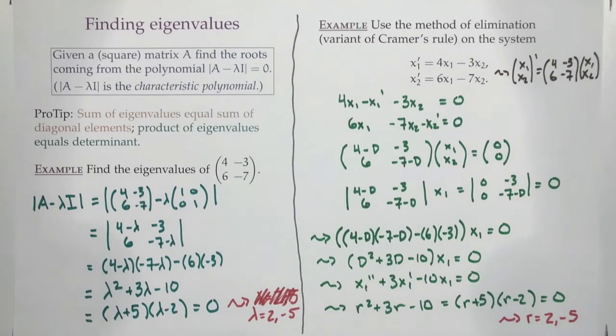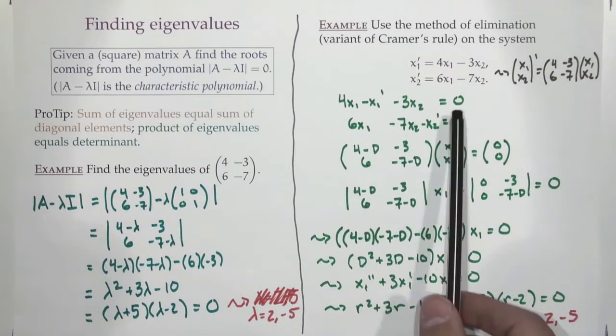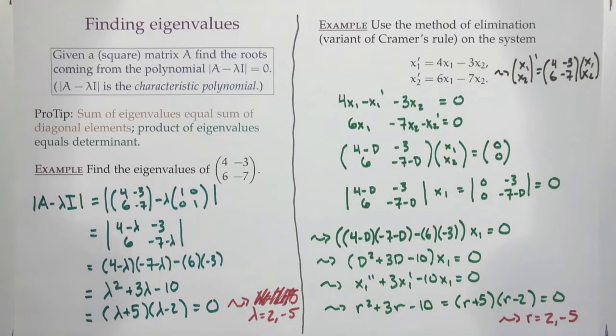And so you say, well, should we expect to see a similar process? Well, what happens? Here we subtract the x1 prime and the x2 prime across to get a new set of equations where everything's on one side. We rewrite it in our notation where we have D standing for derivative, and we solve for x1. And you'll say, hey, look at this matrix: 4 minus D, -3, 6, -7 minus D. It's essentially the same thing, just swapping D's and lambdas.